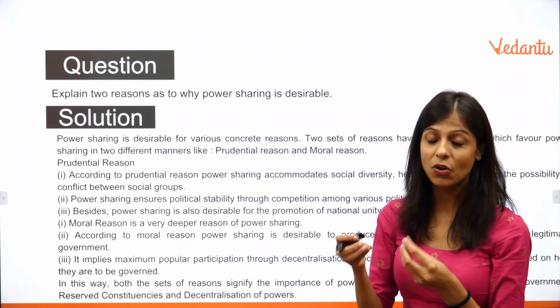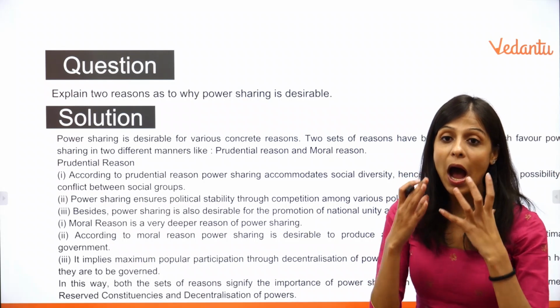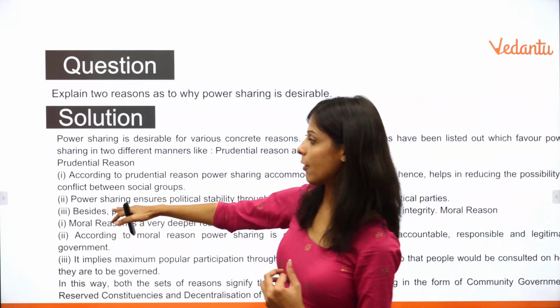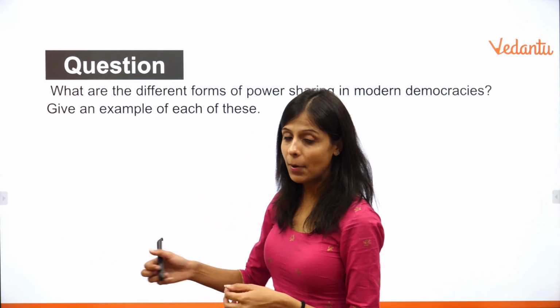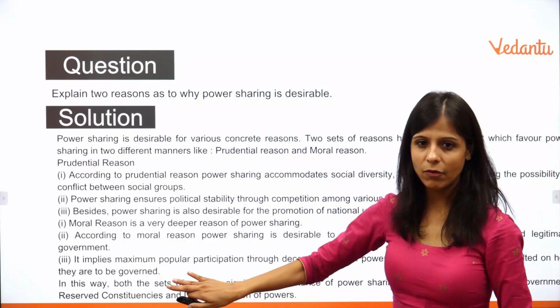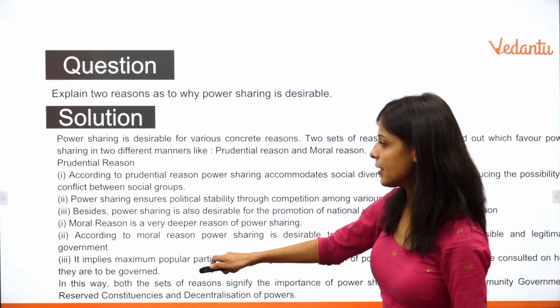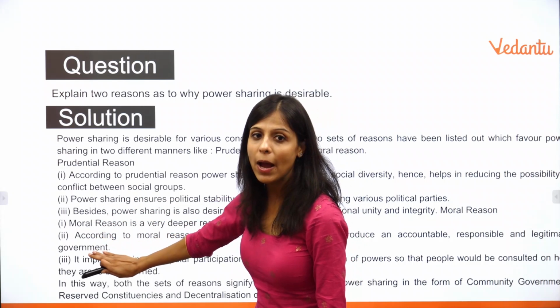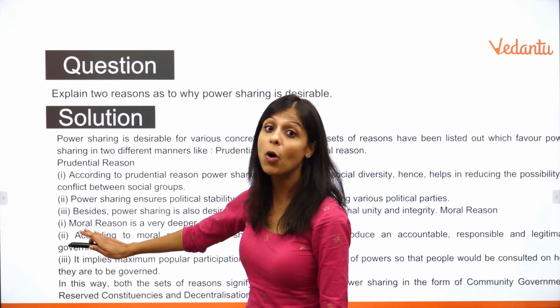But when you're providing the points, please use bullet points or numbers. In this case, I have preferred numbering. Similarly, I have talked about the prudential reason, and now from here I am going to start the moral reasons.